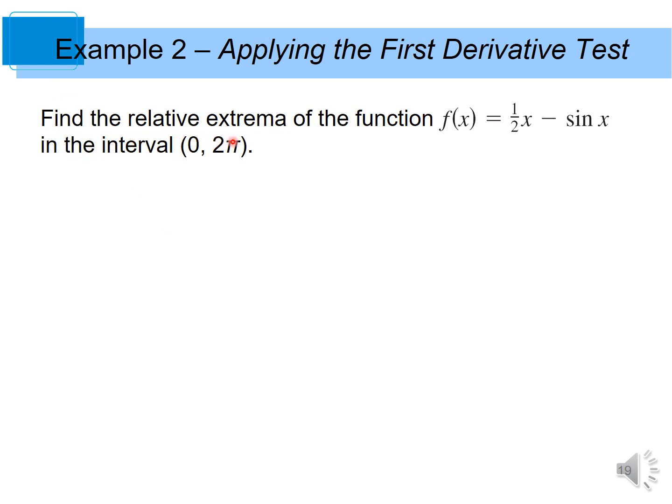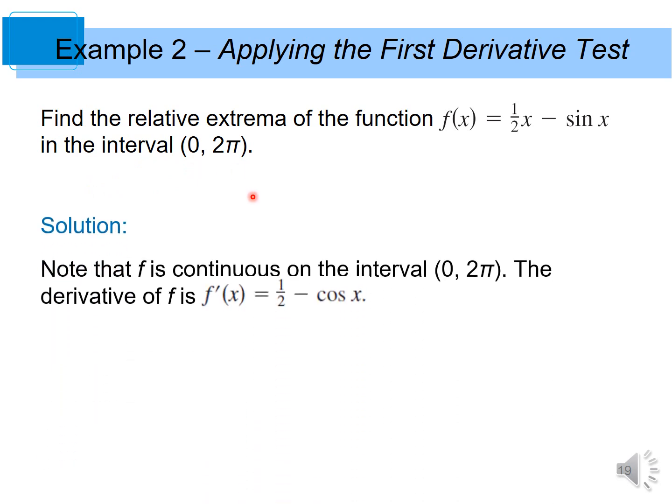Find the relative extrema of the function in the interval from 0 to 2 pi. Note that f is continuous on the interval from 0 to 2 pi. This is given information, the interval. The derivative of f is f prime of x equals half minus cosine x.